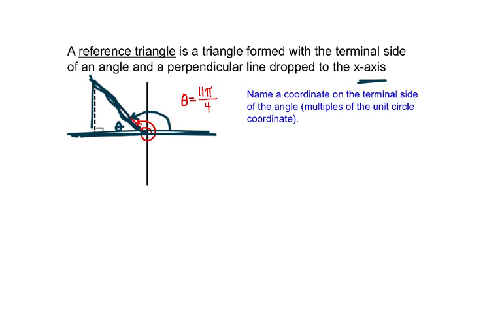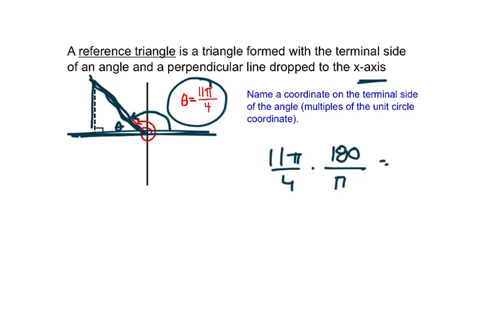And in order to do that, we're going to use our knowledge of this angle measure. So as you can see, 11 pi over 4 is given, and of course that's going to be in radians, so it's probably best if we just start out by converting that into degrees. So we multiply by 180 over pi in order to get our degree.